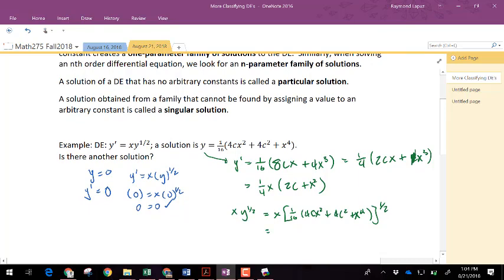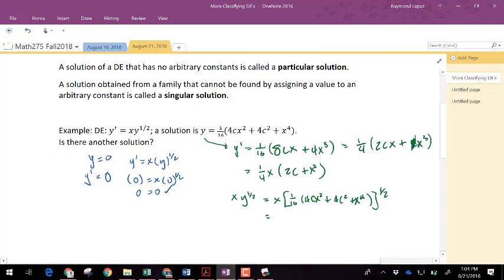So the 16 to the 1/2 is 4, so that's 1/4. How are we going to take the square root of this thing? Any ideas? Can you take the square root of that thing?